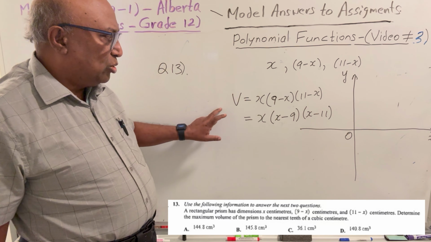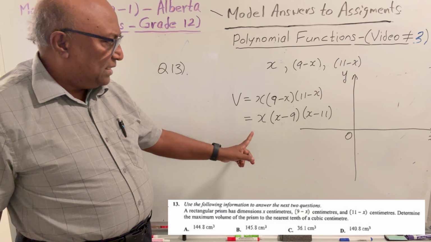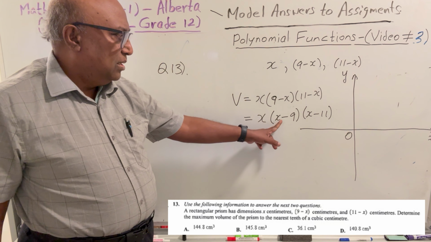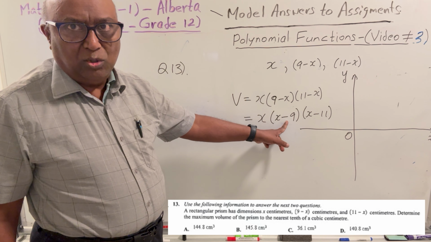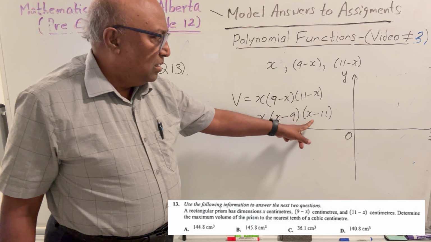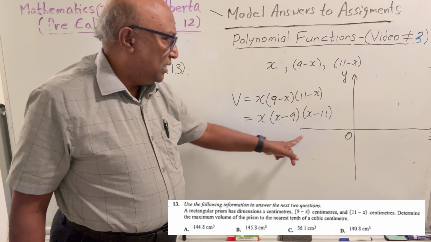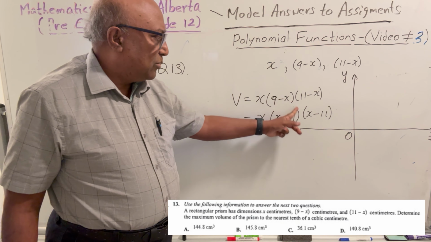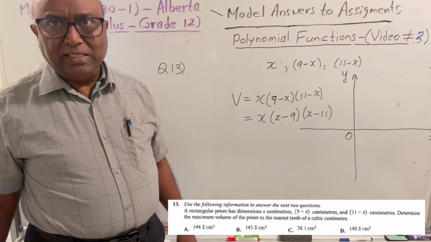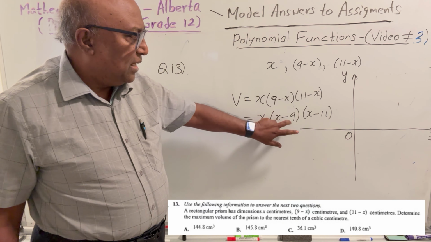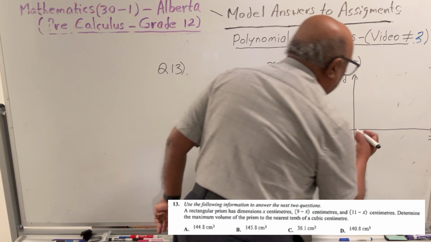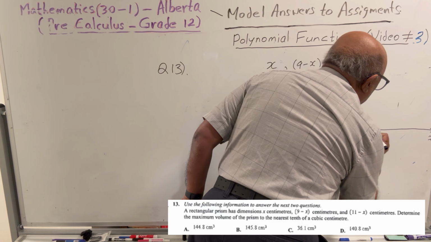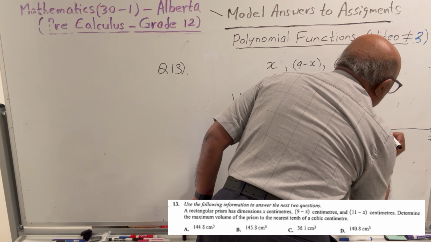When you make y equal to 0, you get the x-intercepts. By setting x equal to 0, you get x equals 0. From this, you get x equals 9. From this, you get x equals 11. By setting each factor to 0, you get the x-intercepts as 0, 9 and 11. You can indicate those x-intercepts here: 0, 9, 11.